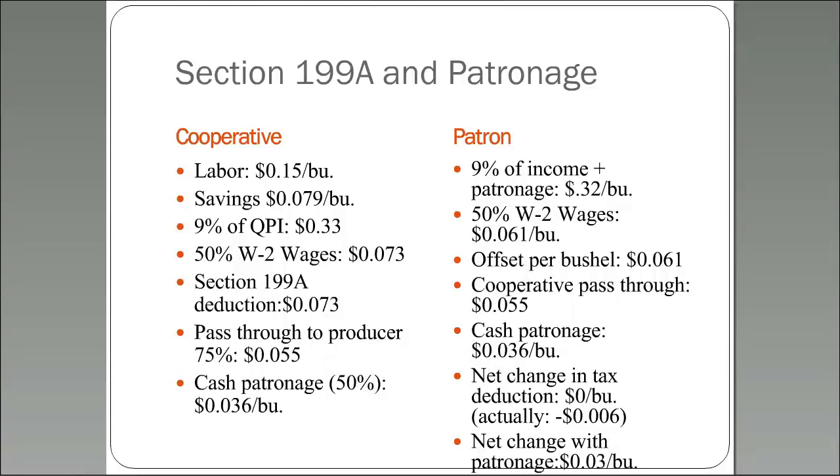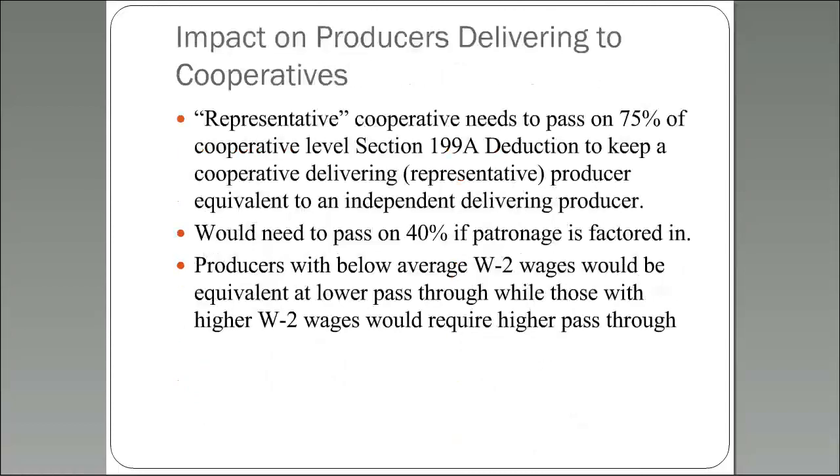So again, a little feel, and I think the other piece here is that you can see that we're working with a few cents a bushel here. We're not working with massive numbers, and so I guess that's probably another important point.